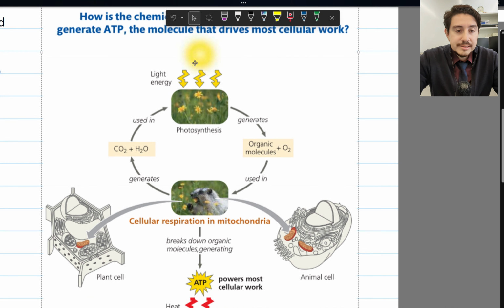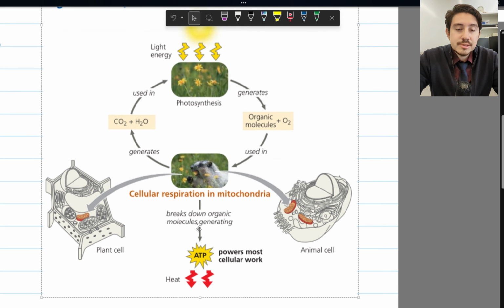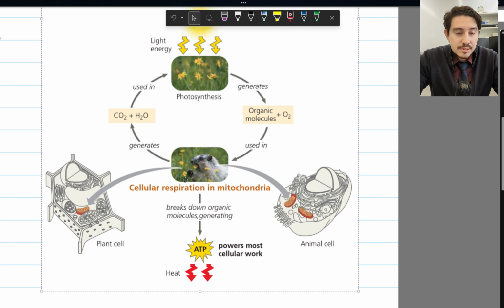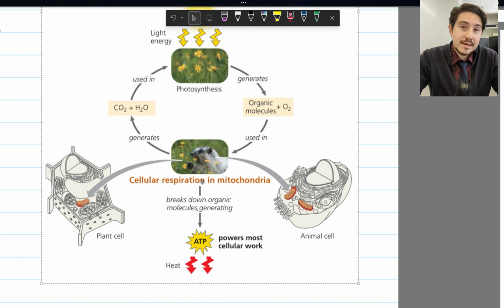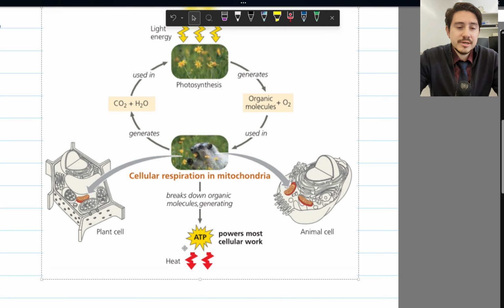We have this little diagram here. We're getting light energy to drive photosynthesis, which ultimately generates organic molecules like glucose and oxygen, which is used by other organisms like animals to undergo the process of cellular respiration, where they break down, oxidize glucose to produce ATP and heat as a byproduct, whilst all of this is occurring in the mitochondria.